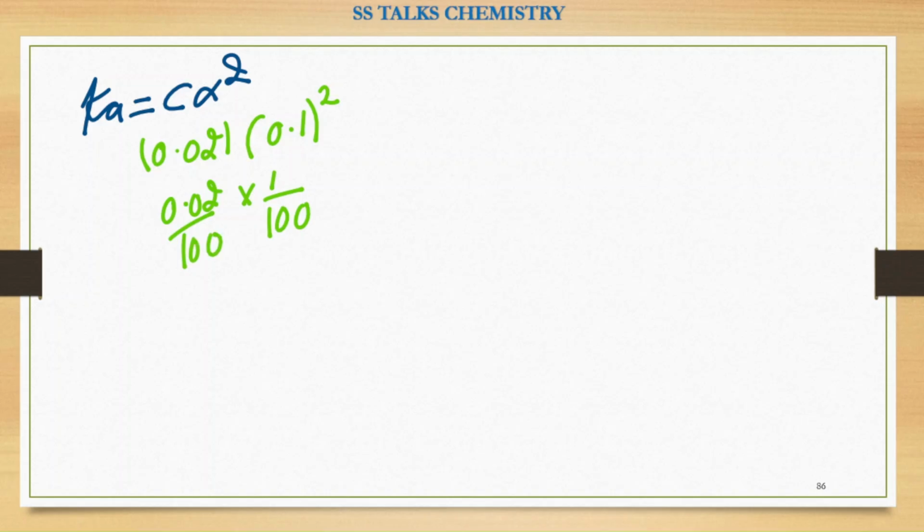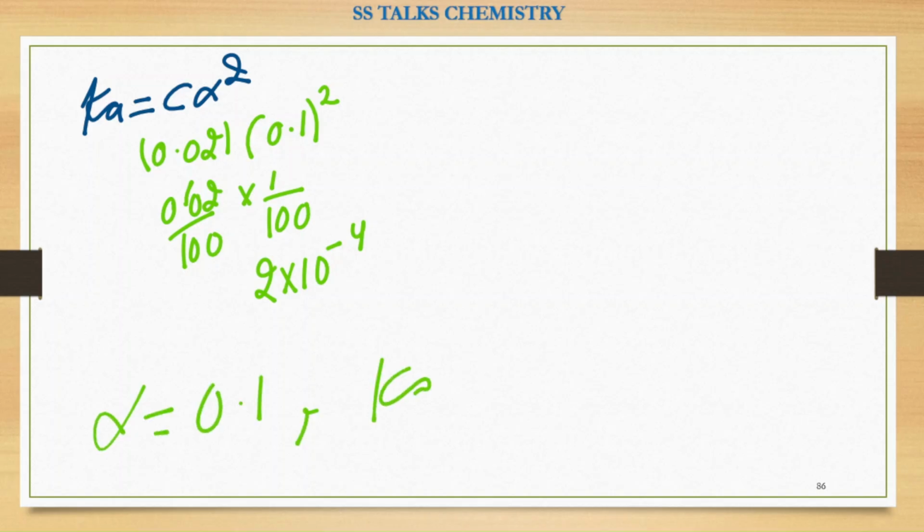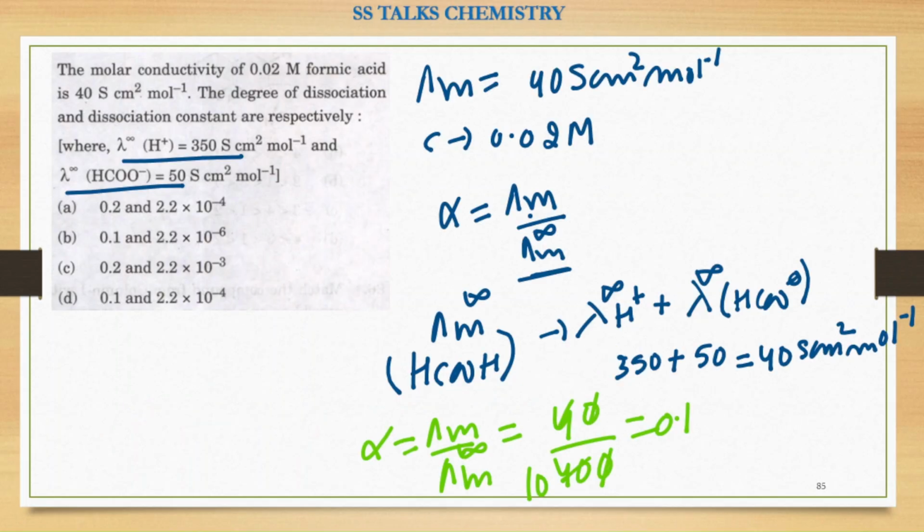So this gives 2 into 10 raised to the power of minus 4. This is the Ka value. So alpha is 0.1 and Ka is 2 into 10 raised to the power of minus 4. That is option D.